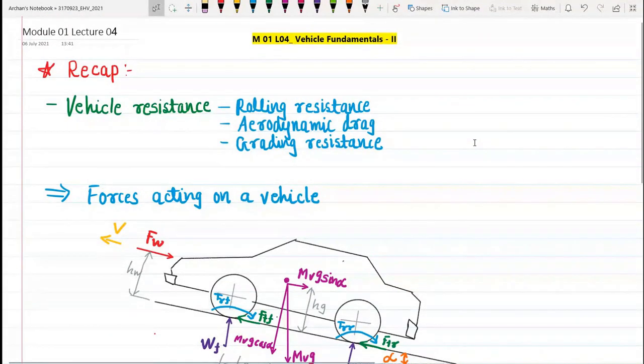Okay. So in the last lecture, we started with some vehicle fundamentals, right? And in the previous lecture, we saw the general description of vehicle movement.